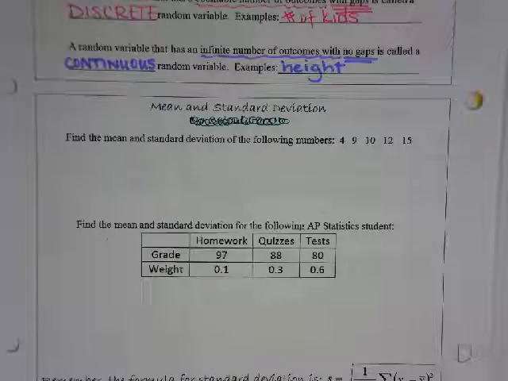If you've already found the average and standard deviation of those top 5 numbers, go ahead and move down to the next one and figure out the kid's grade in AP Stats.